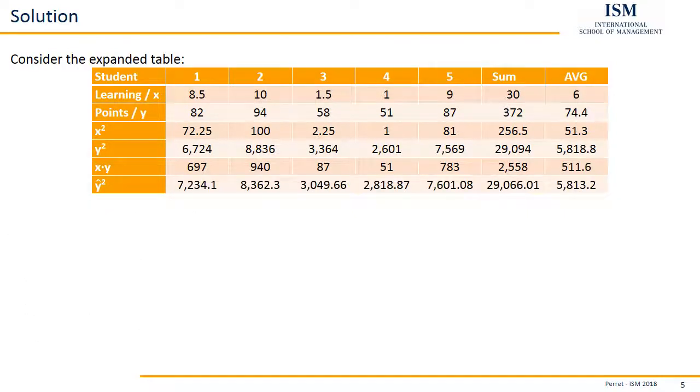We can switch to the next slide, and here for the coefficient of determination we have the following formula. First we need the average of y hat squared. This was the last one we calculated, that's 5813.2.